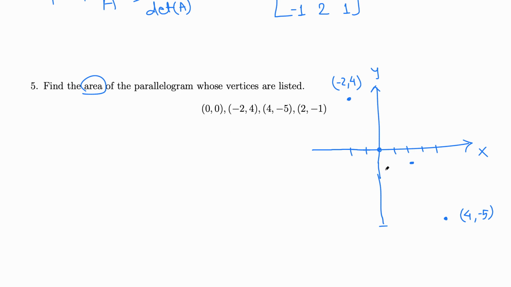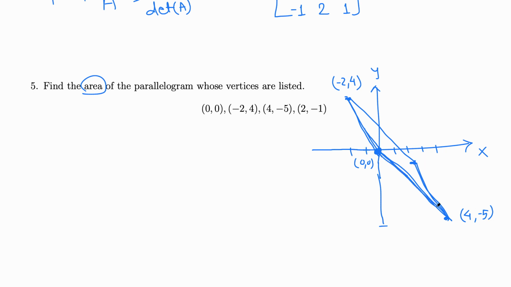So I don't know how to draw this, let me see. So the graph somehow looks like this. Okay, it doesn't have to be exact. The good news, this is in standard position 0, 0, and negative 2, 4 plus 4, negative 5 is going to be 2, negative 1.